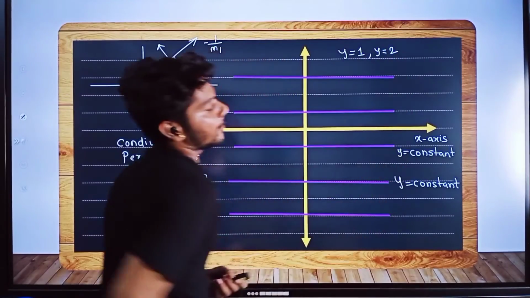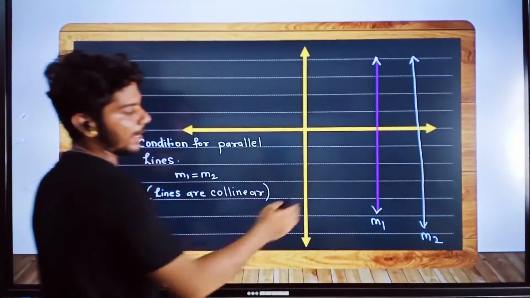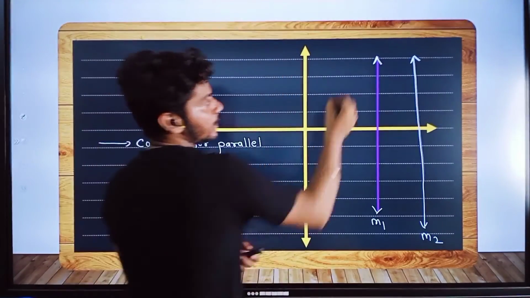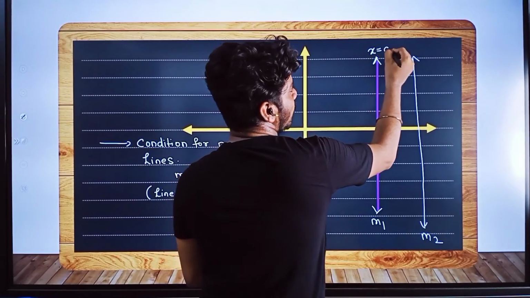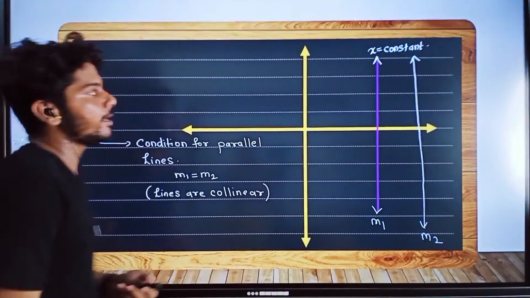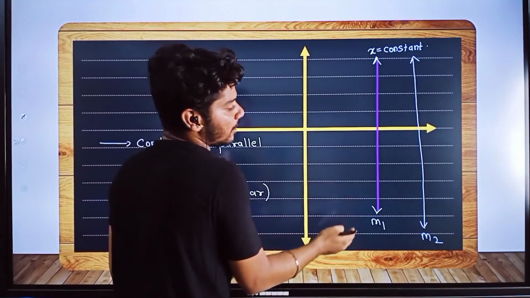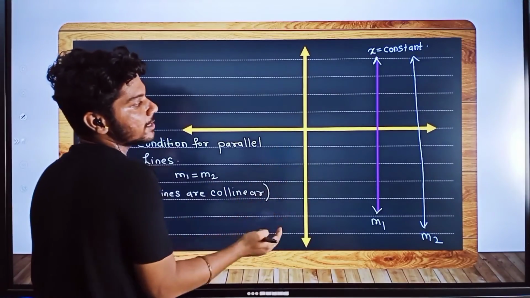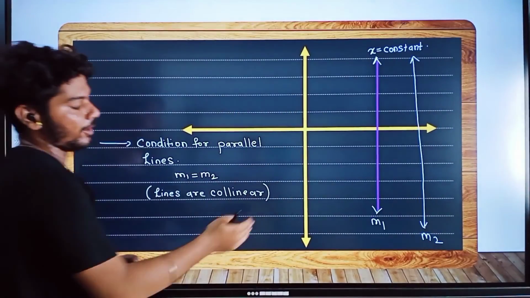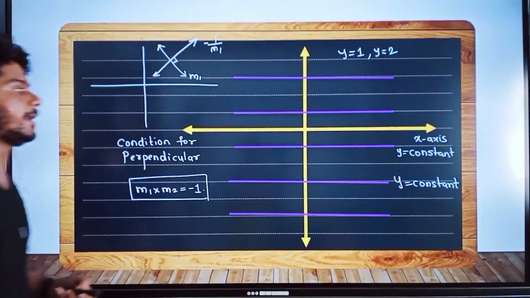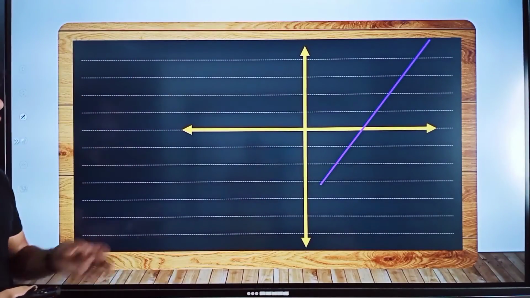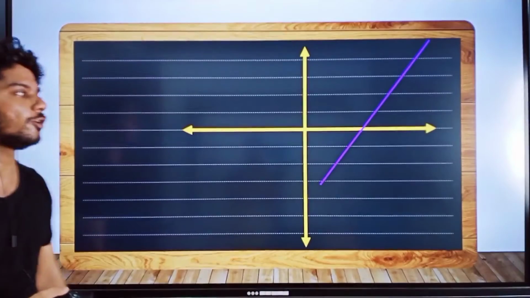Now imagine the line is parallel to y-axis. Then the equation will be x equal to constant. This is how you should remember it: whether the line is parallel to x-axis or y-axis, you need to write the equation of the line accordingly. I hope we have discussed certain formulas which will be helpful while solving the sums.